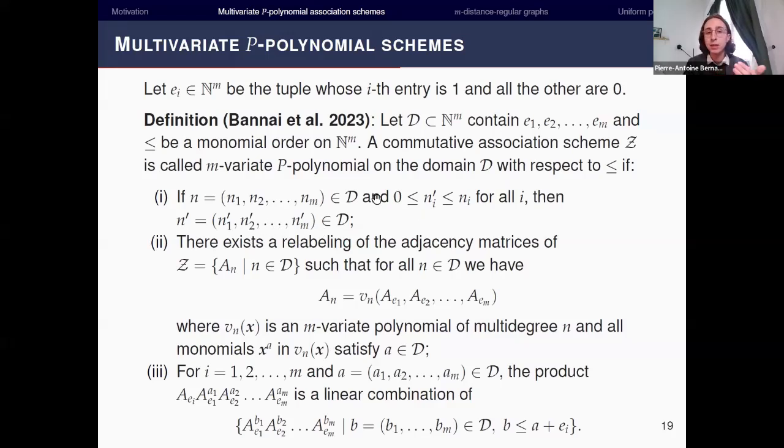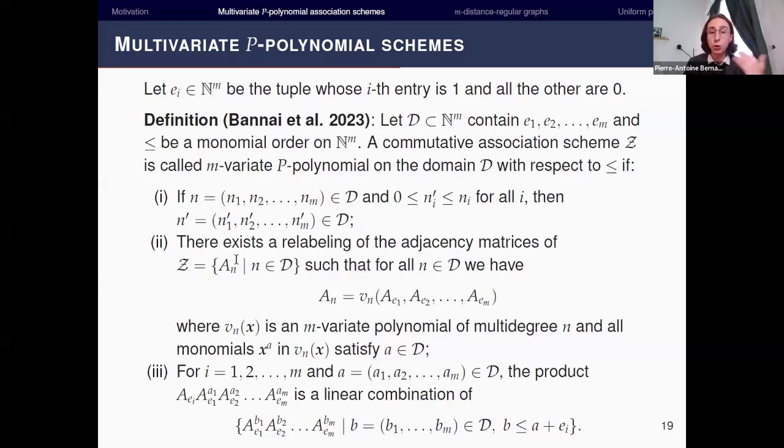In particular, this means the tuple of zeros will always be in the domain. We cannot consider schemes where we don't have the tuple of zeros or where we have some kind of hole inside our domain. So we cannot look at things too exotic.